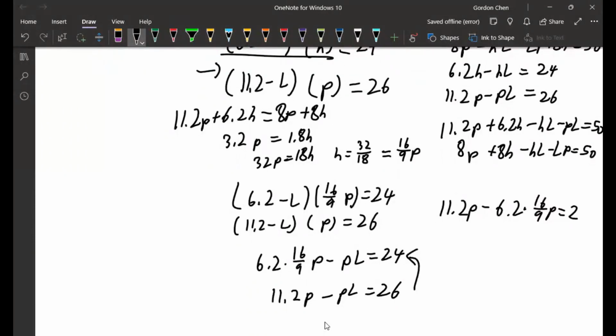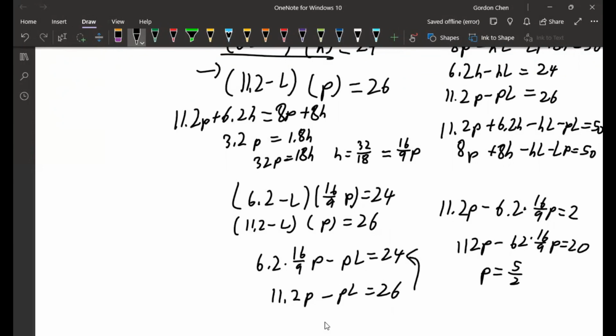And if we do the math, we can just convert this. If we multiply everything by 10, we'll have 112P minus 62 times 16 over 9P equals 20. And basically this equates to P equals 5 over 2.